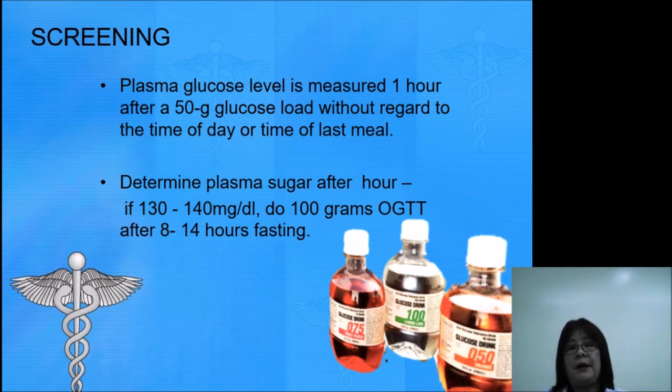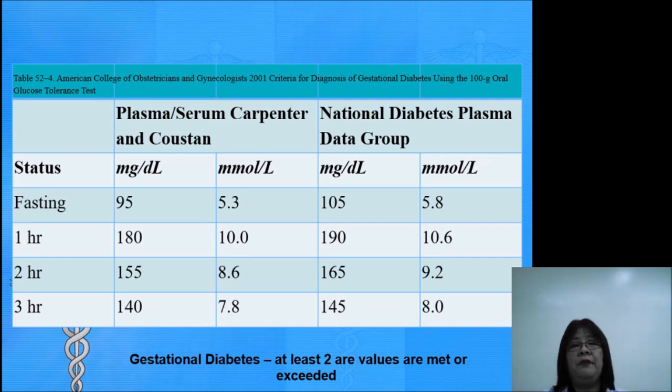Here you have an 8-hour fasting. Your patient will be given 100 grams of glucose and you will get the blood sugar at the 1st hour, 2nd hour, and 3rd hour. So all in all, you will have 4 values.